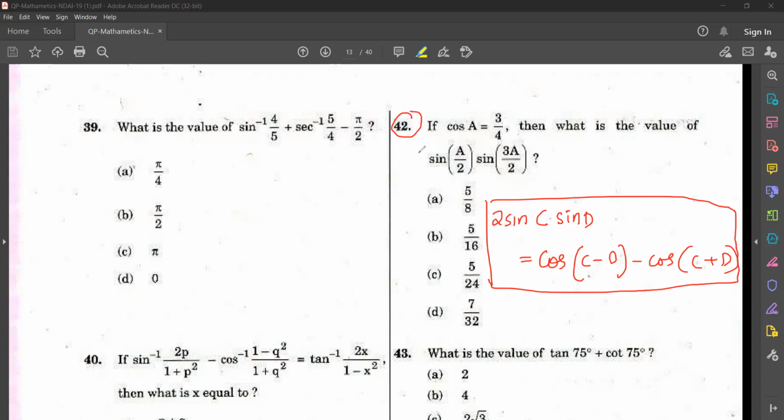For this, I am going to multiply by 2 here and divide by 2 here. So 1 by 2, 2 sine A by 2 sine 3A by 2.